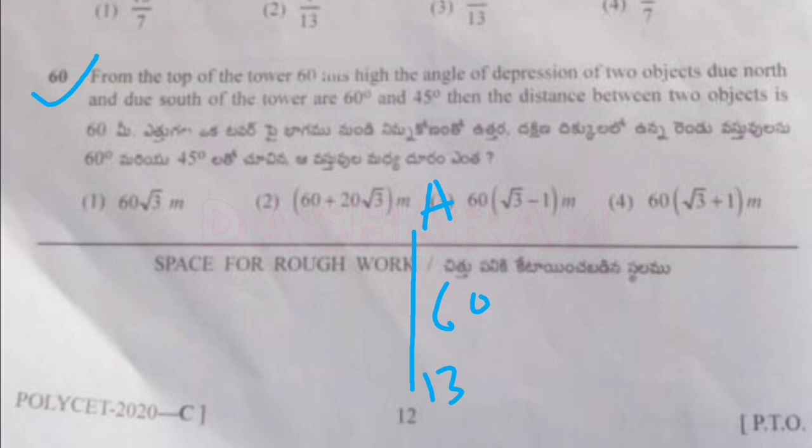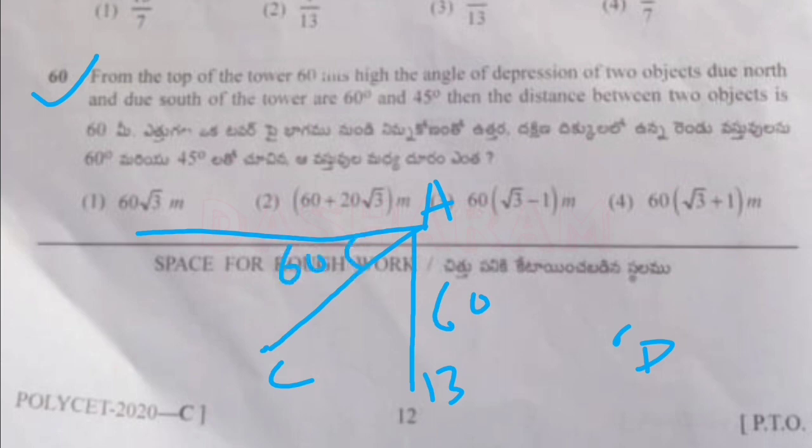Instead of north and south, I am taking one object on the left side and another object on the right side. So A, B, here is C and here is D. Here is 60 degrees, the angle of depression, and here also the angle of depression, 45 degrees.